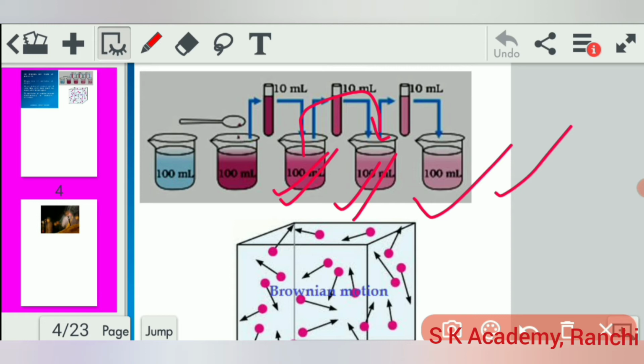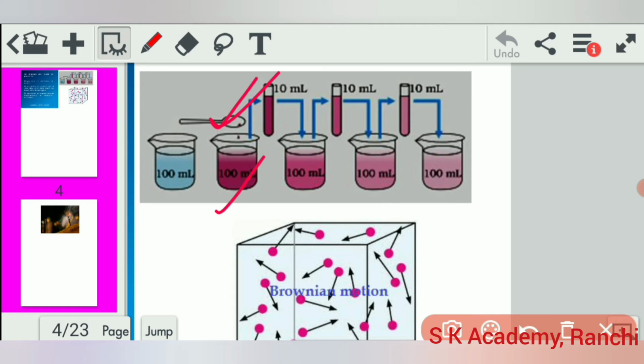What does this signify? Initially, we had taken only a few particles of potassium permanganate and mixed them in this initial 100 ml of water, and when we took 10 ml and mixed it in, the potassium permanganate particles get divided into finer particles and make the whole 100 ml water colorful.